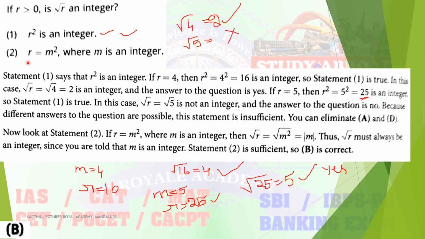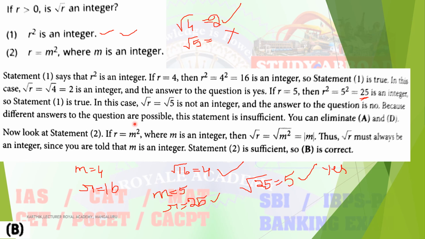Why? Because m is an integer. First case, I take m is equal to 4. Then r is equal to m square, so 4 square is 16. After satisfying the first condition, go for the question: the square root of r, the square root of 16, is 4. Is 4 an integer? Yes.